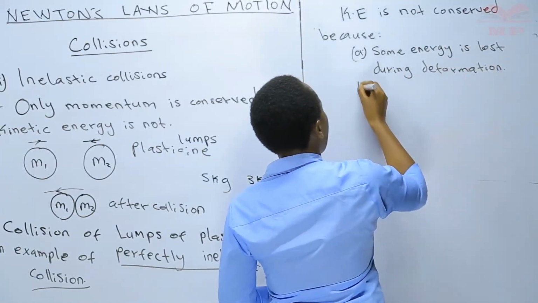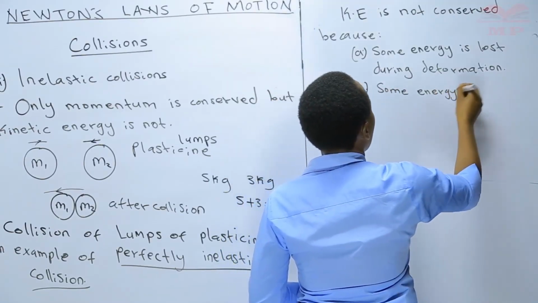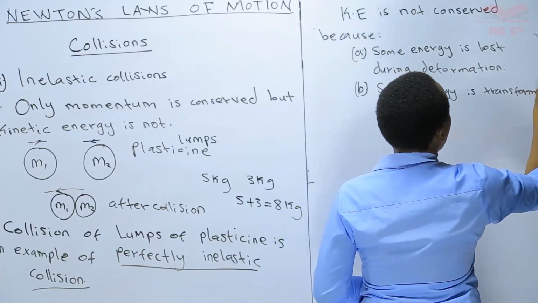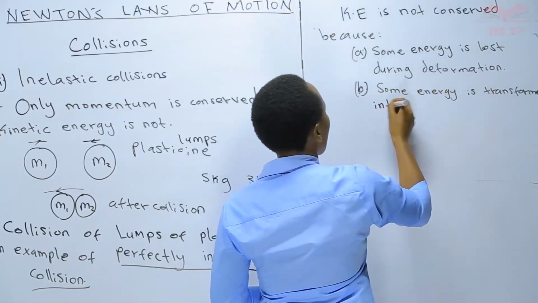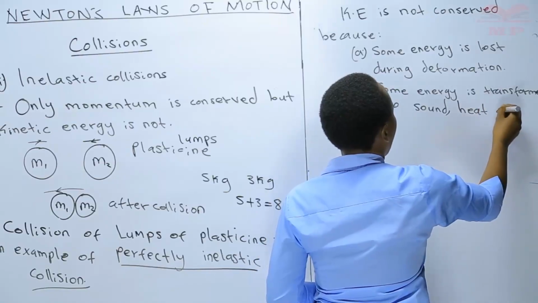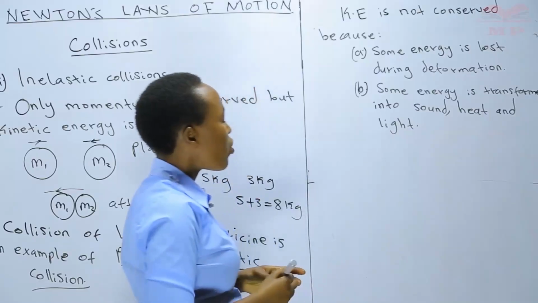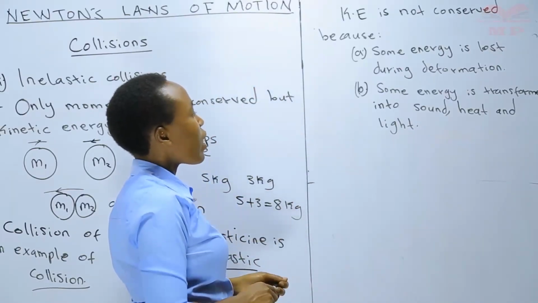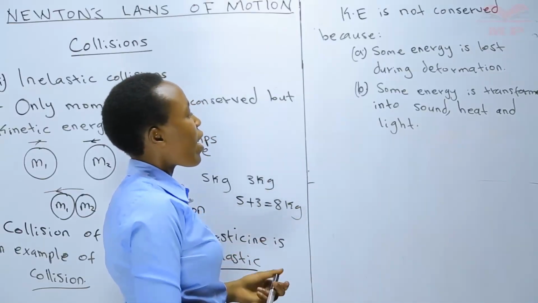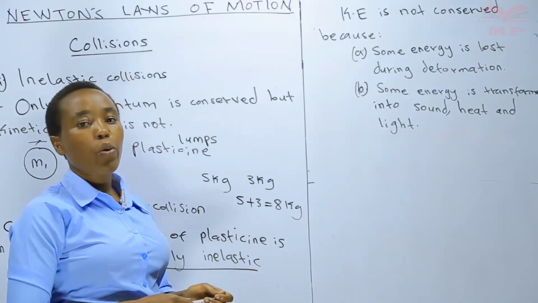Again, B, some energy is transformed into sound, heat, and light. And we know all these are forms of energy. So some of the energy is lost during the deformation, the changing of shape, and some is transformed into sound, heat, and also light.